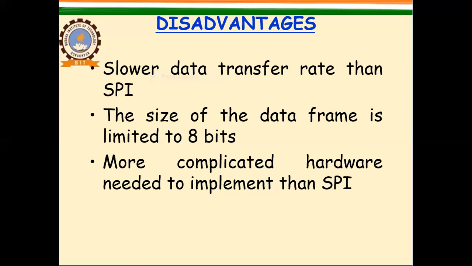Apart from the only 2 lines, if you see the whole hardware needed, then it is rather a complicated network because it uses a lot of resistors. Naturally, if more masters and slaves are connected, it is not an easy thing to construct a complete robust system.